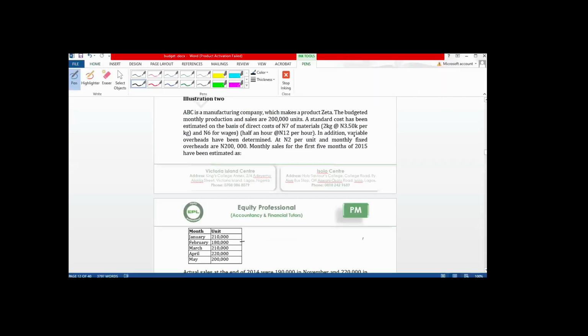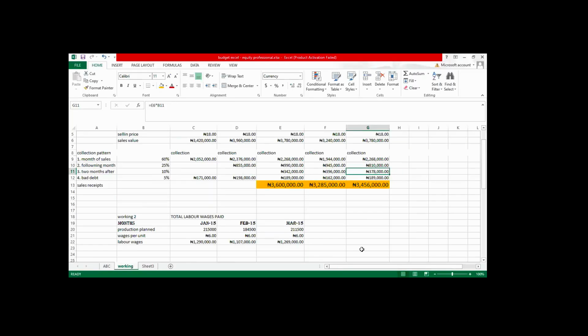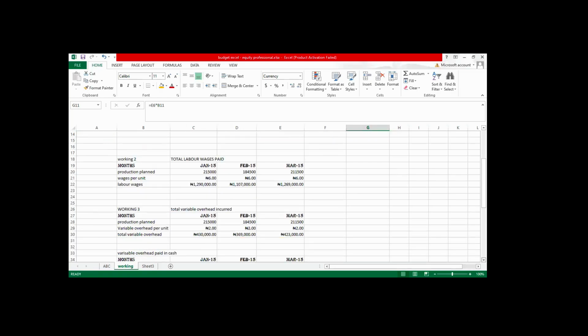Examiner says variable overhead has been determined at 2 naira per unit. I will come here. And I'm going to produce, look at it here.